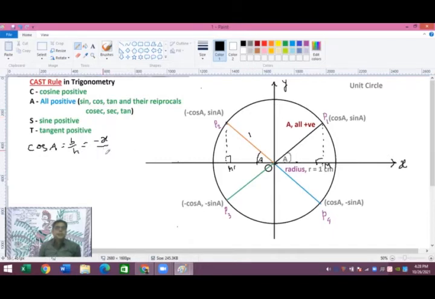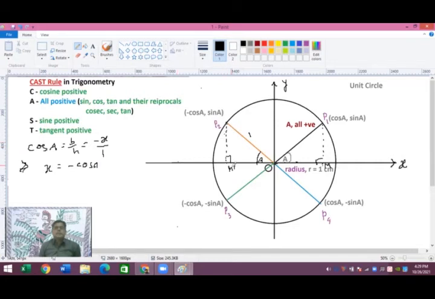So you can write here 1. Even if you don't take the unit circle, you can take any length and things will work, but it will be even better if you take the example of the unit circle. So we found the x coordinate at this point: x equals, this negative sign will be transferred to the other side by cross multiplication, and then this will be minus cos A.